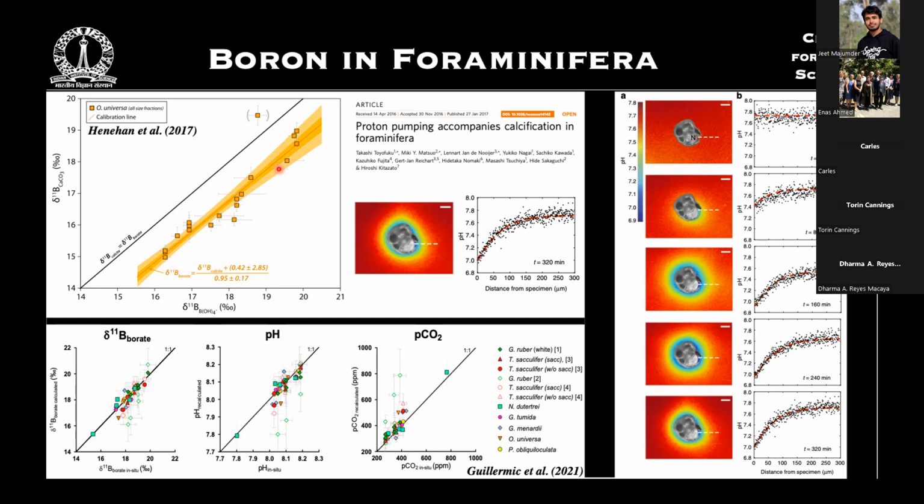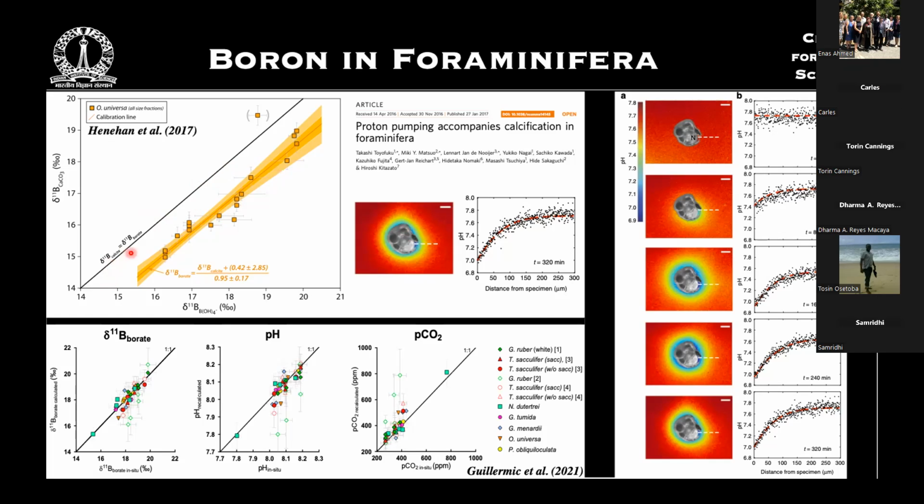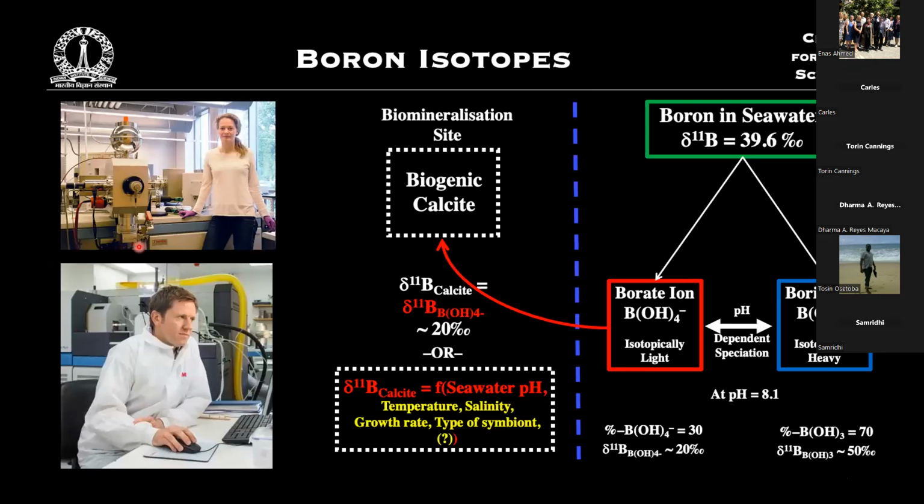What we have observed for multiple species is that the calibration is different, but it's always linear. Thus, planktonic foraminiferal boron isotopic composition is a faithful proxy for reconstructing the borate ion isotopic composition of the seawater, if you have temperature, salinity, and growth rate information handy.